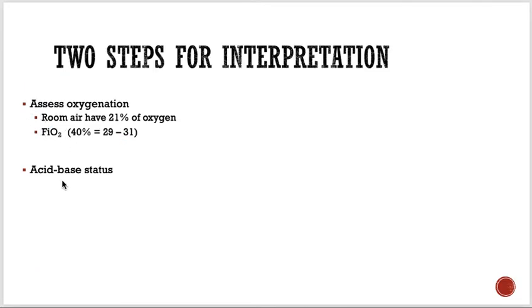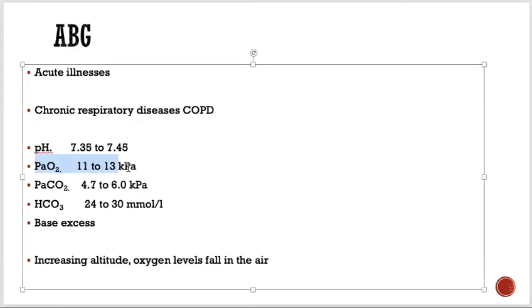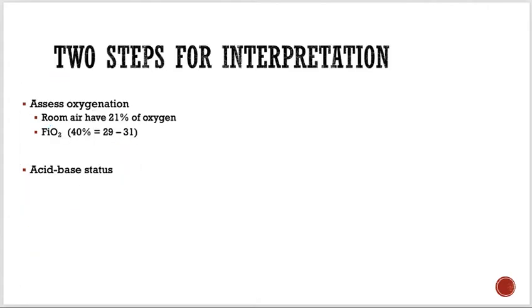So it is sometimes impossible to interpret this, especially when you don't know the patient, or when you don't know the clinical status of the patient. Okay, but of course, when the partial pressure of oxygen is below 11, or is lower than what is expected, this shows that the person has some lung disease. And nowadays, by the way, there is COVID everywhere. COVID patients have pneumonia.